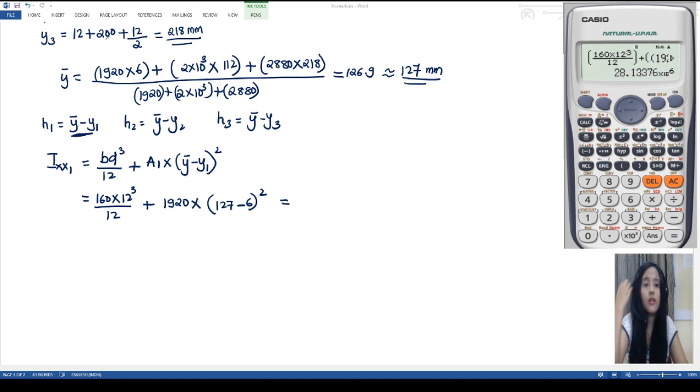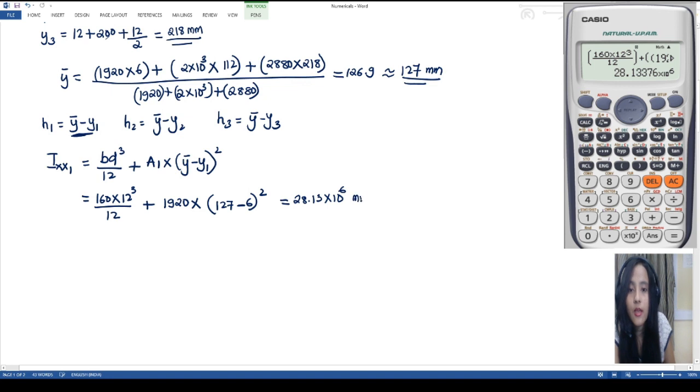So I'm getting 28.13 into 10 raised to power 6 mm raised to power 4. So this is my Ixx1.